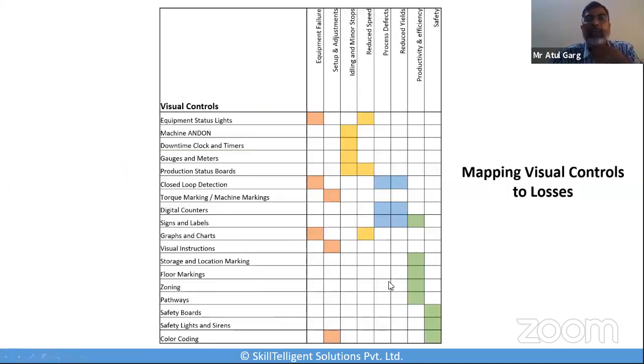So what he does now, he does the reverse thing. Having identified all the visual controls, he now maps them back to the various losses which he wants to control.